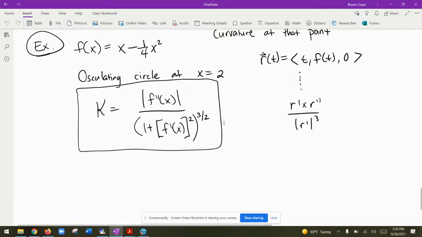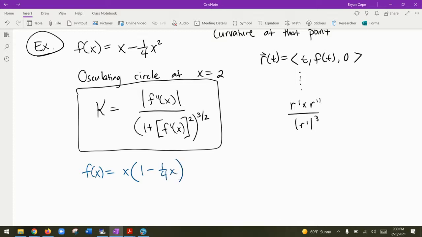I'm sorry. Okay, so I wanted us to find the osculating circle at x equals 2. Let's see what's happening on this function. I want to factor it for us. f of x equals x times (1 minus 1/4 x). This will help us find zeros, and then we can find the maximum.